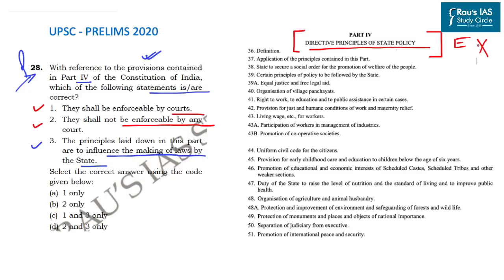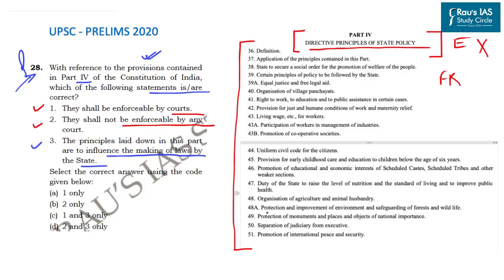Now, if you have gone through the very basics, not only in NCERT but through any other source, then you know that fundamental rights are enforceable, whereas directive principles of state policy cannot be enforced. These provisions merely act as guidelines for the government to legislate policy on welfare measures for the citizens of India.